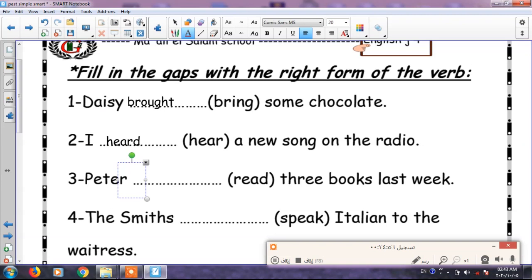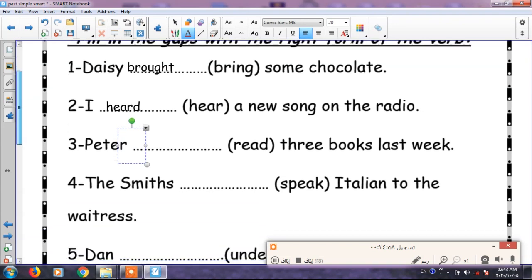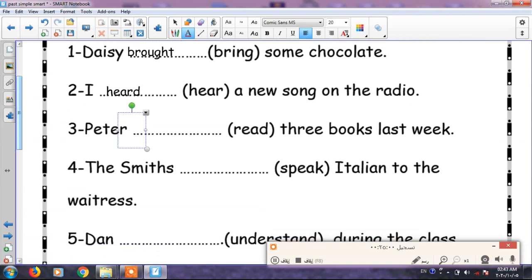Number 3, Peter reads 3 books every week. So, what is the past of read? Okay, the past of read is read as it is.